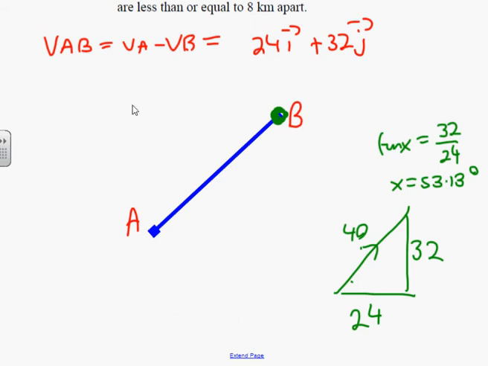Phi AB is 40, and then my angle is east 53.13 degrees north. I'll have 15 out of 30, 50% right now.